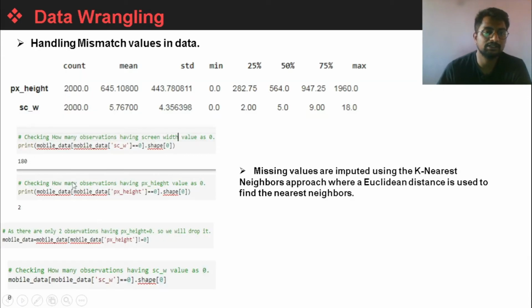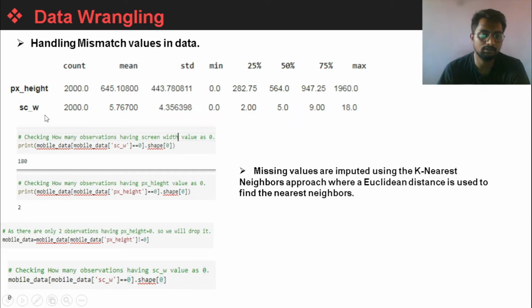So the next part is data wrangling. While looking at the statistics of the data, we found that pixel height and SC width, that is screen width, had a minimum value of 0, which is not possible practically.